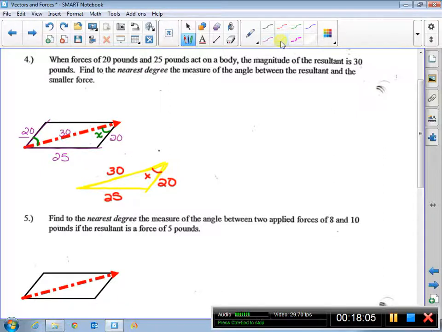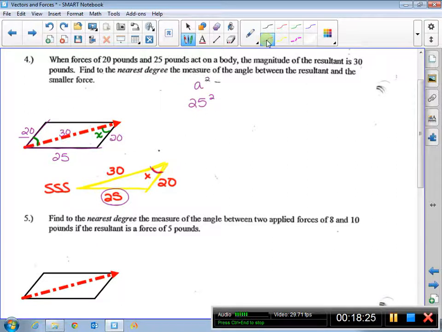So we're given side, side, side. We're looking for an angle. That means law of cosines. Law of cosines, looking for this angle means we start our work with this side.